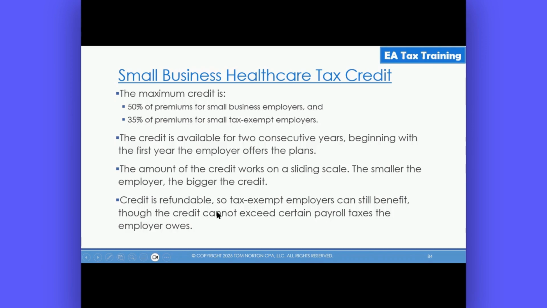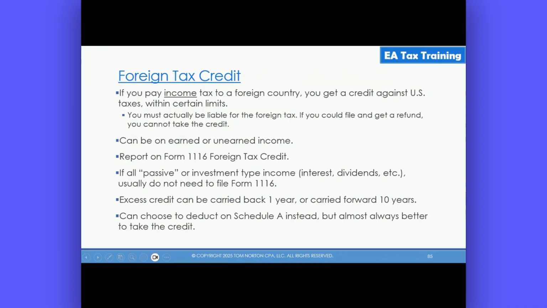So therefore, even a tax-exempt employer can use it, although the amount of the credit cannot exceed certain payroll taxes that the employer owes. So it is an income tax credit. However, it will be limited by the amount of payroll taxes that employer pays.